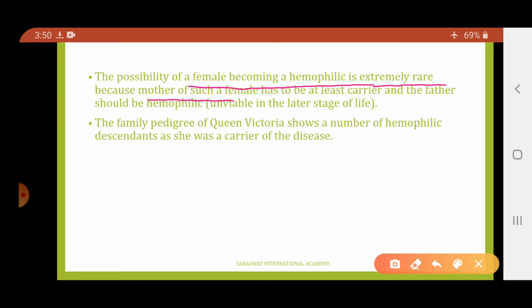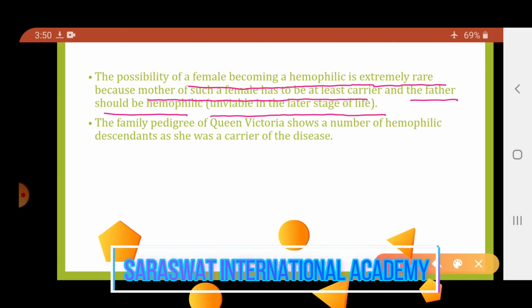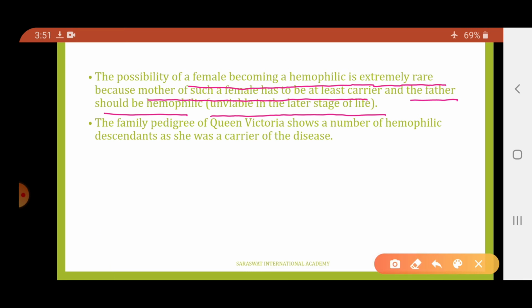Because the mother of such a female has to be at least a carrier and the father should be hemophilic, which is unviable in the later stage. When is this possible? If the father is hemophilic and the mother is a carrier, then there are chances that the female is hemophilic, but this is a very, very rare condition.